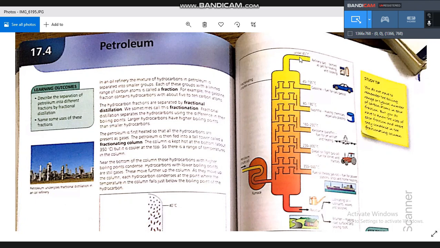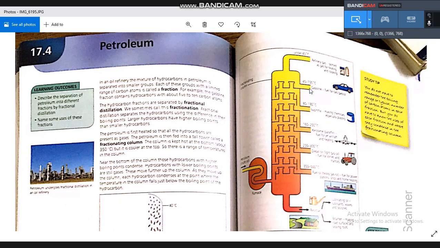And these gases can be used for heating and cooking, like methane, propane and butane. So at the top of the fractionating column, we will get some gases that can be used as a fuel for heating and also for cooking.